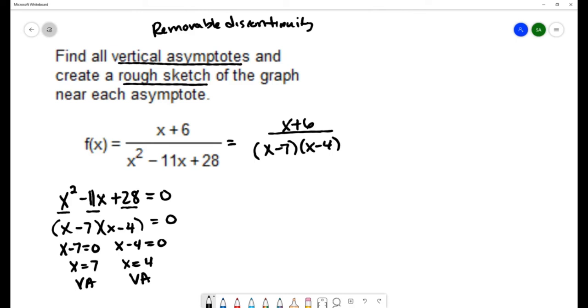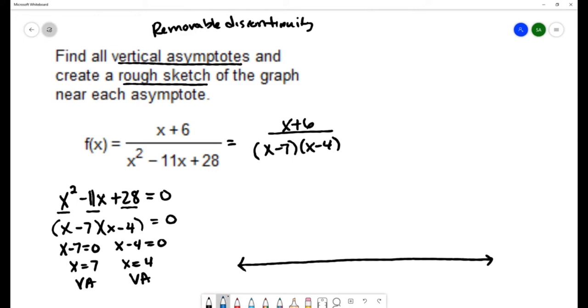There are a couple ways that we could come up with this rough sketch. One of them is something that we call a sign chart. What we're going to do is draw a number line, and on that number line, we're going to put the zeros of the factors from the numerator and denominator.